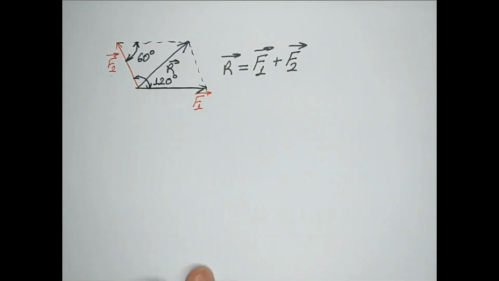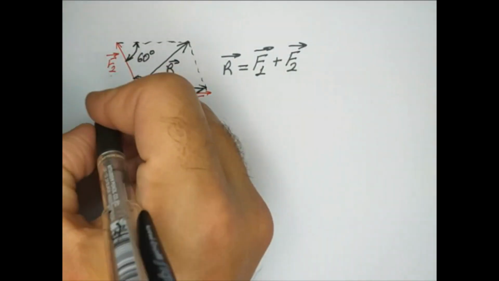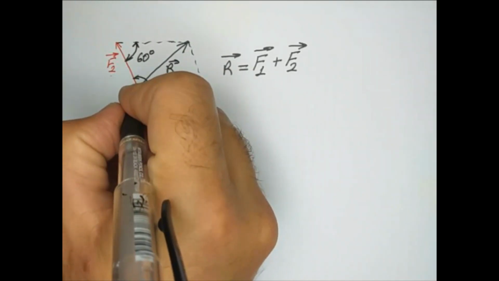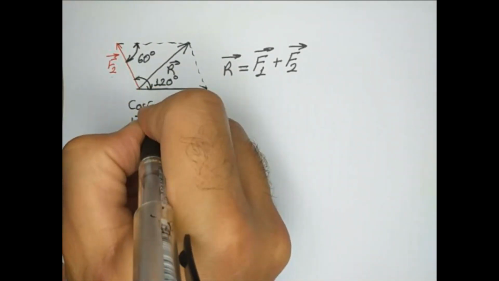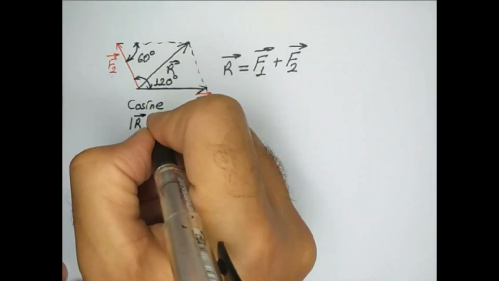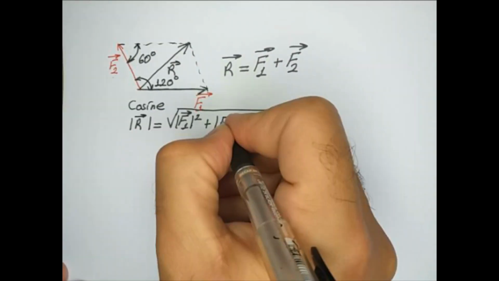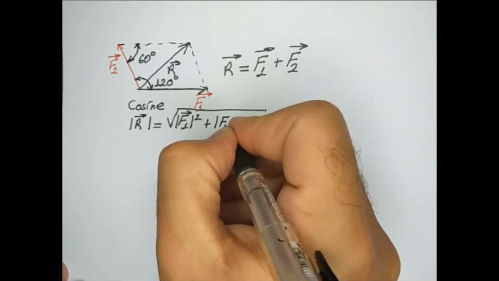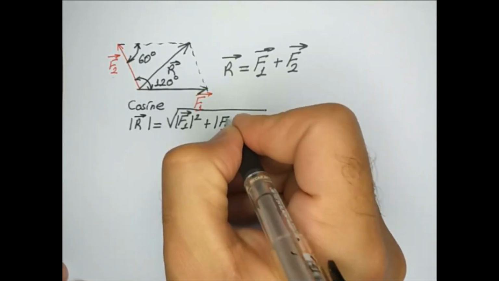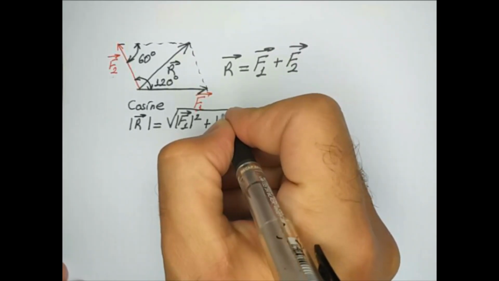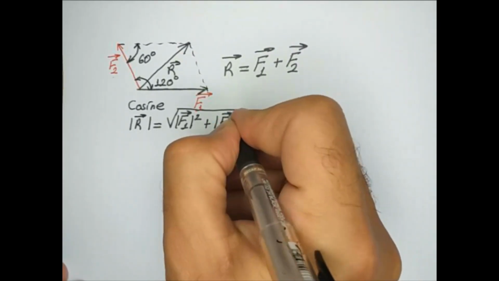That's equal to magnitude of F1 squared plus magnitude of F2 squared minus 2 multiplied by F1 multiplied by magnitude of F2, and the angle between them is cosine 60 degrees.